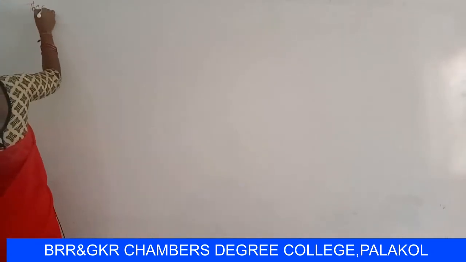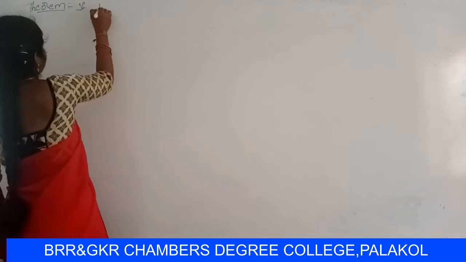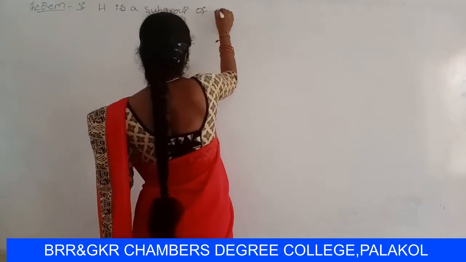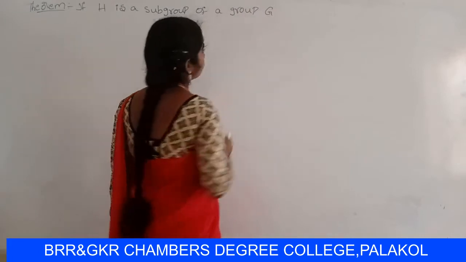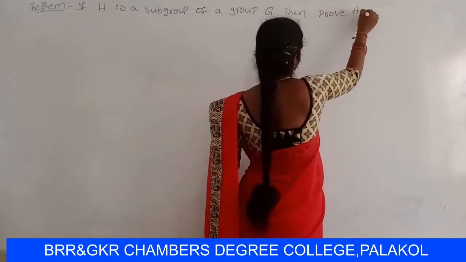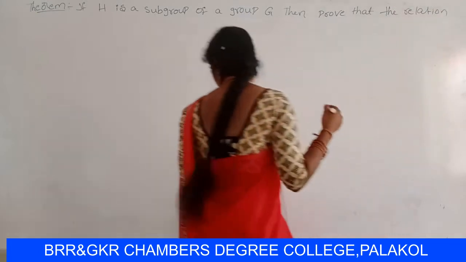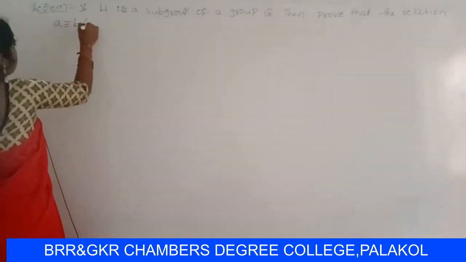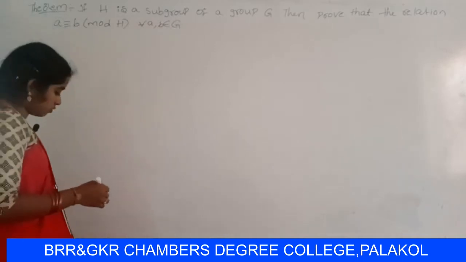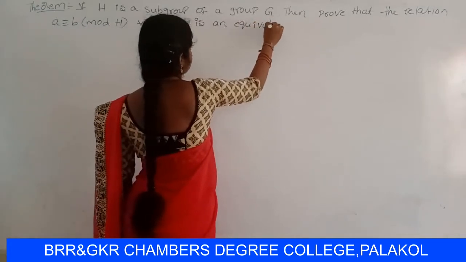Next theorem. If H is a subgroup of a group G, then prove that the relation A congruent to B modulo H for all A, B belonging to G is an equivalence relation.